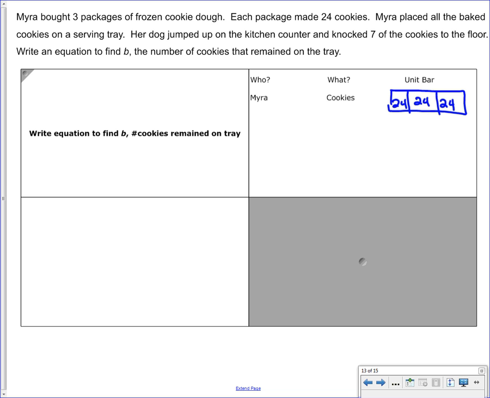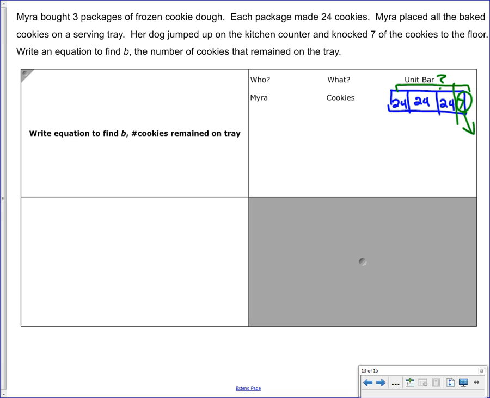So right here with this 24, I'm going to put a little 7, circle it, and show that it needs to come out. We don't want to eat cookies that dogs knock on the floor. And we want to know how many cookies are left.